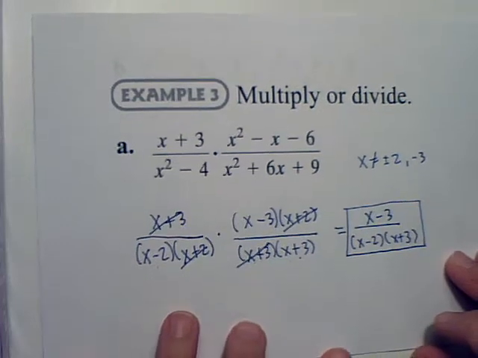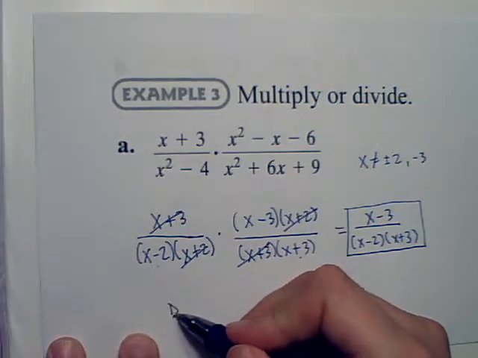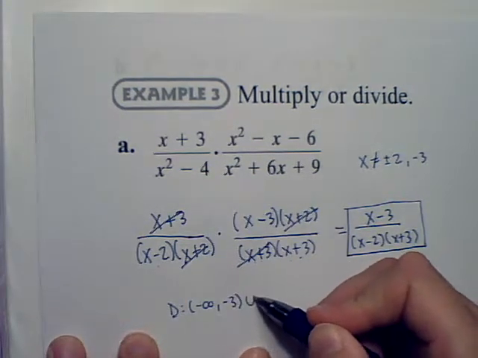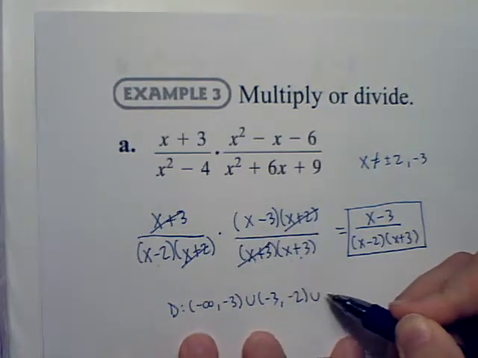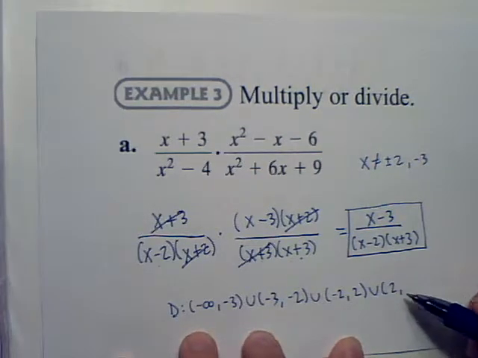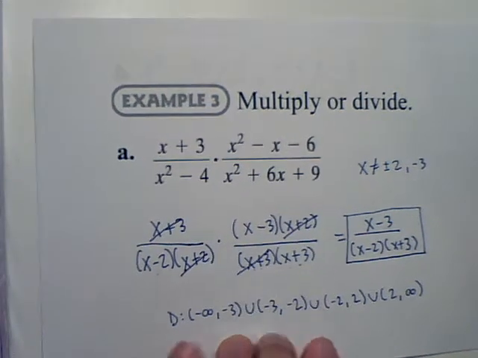So we're going to actually have 4 sections for our domain, starting with the lowest value. It's going to go from negative infinity to negative 3, negative 3 to negative 2, negative 2 to 2, and then 2 to infinity. So again, x can't be positive or negative 2 or negative 3.